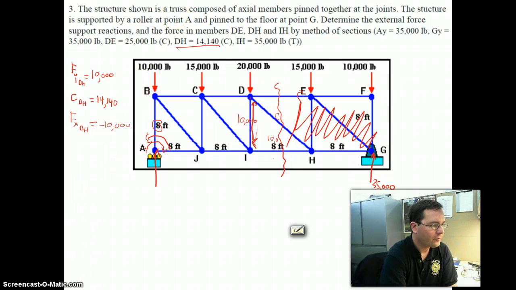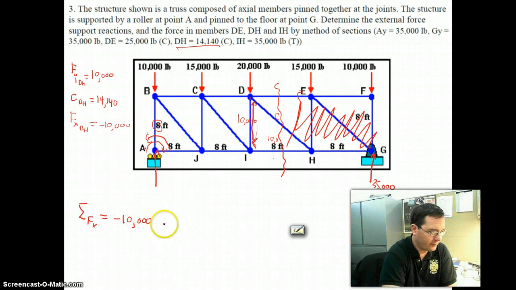So final step, we're going to take a look at all of the forces in the x direction. So sum of forces for the whole system, or for the whole segment we're looking at, in the x direction. So what do we have? Well, we know that DH is pushing to the left with 10,000 pounds force.